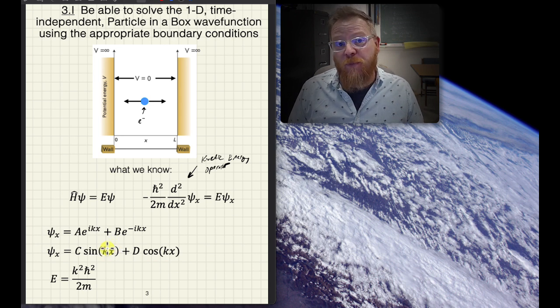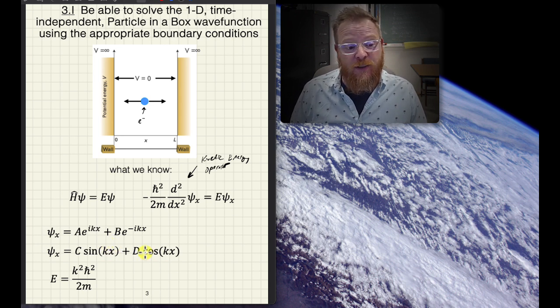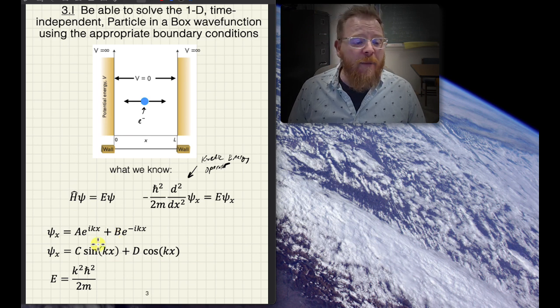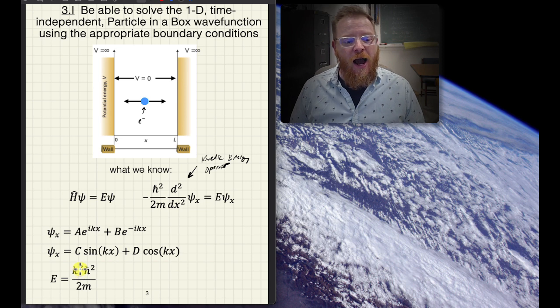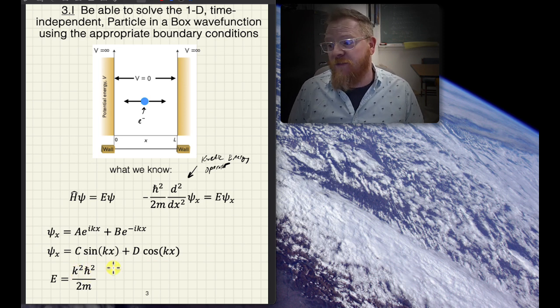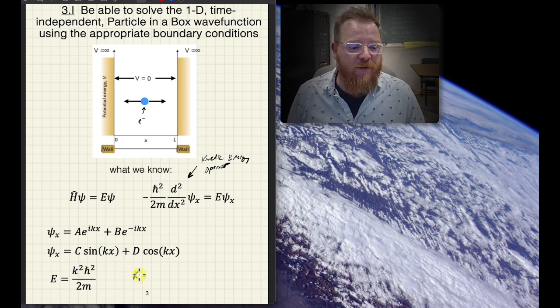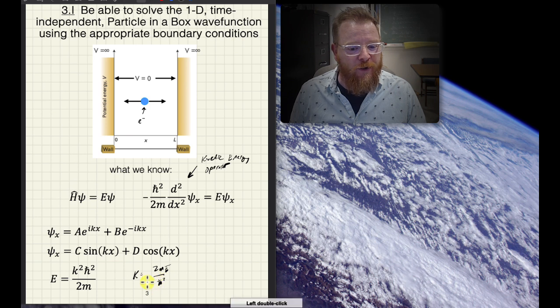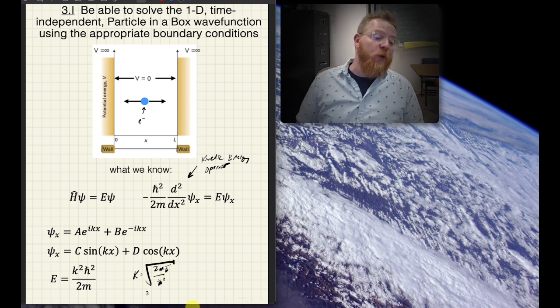And we're going to play with both solutions, the sines and cosines, as well as the exponentials. And also recall we got an energy solution from this from rearranging the wave number solution. And if you recall, the wave number solution went k equals the square root of 2mE all over h bar squared.